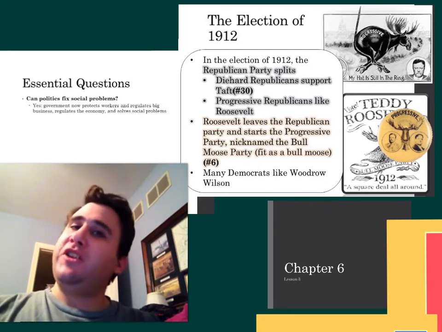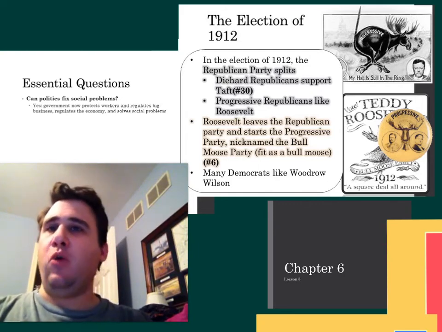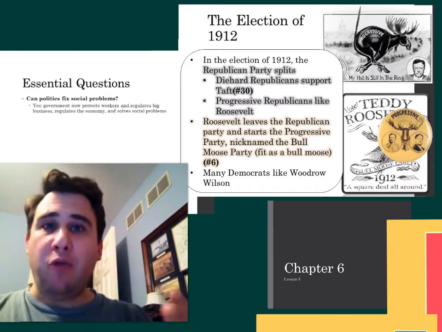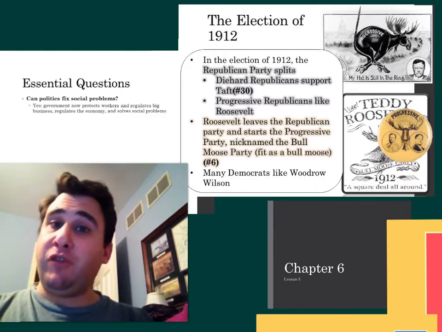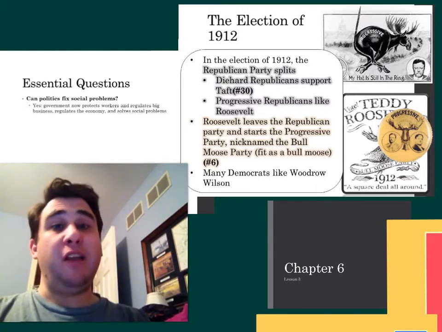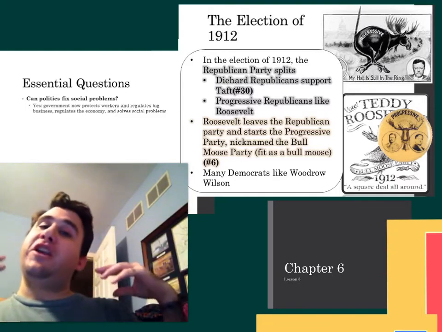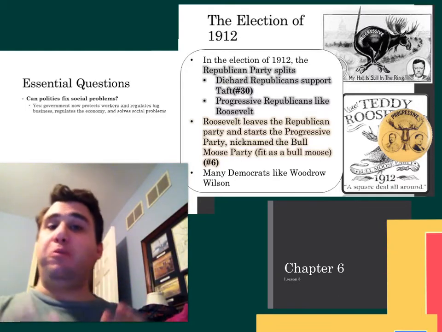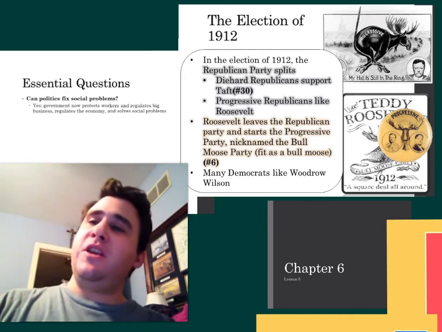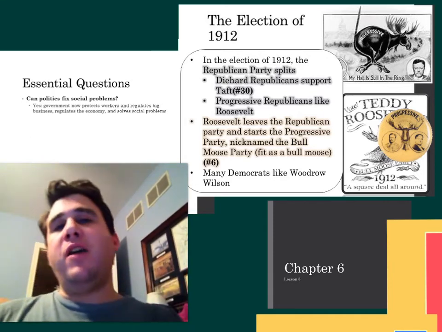So in this last section, there'll be a three-way runoff between Taft, the Republican; Teddy Roosevelt, who's going to come back and say, I want to be president again, creating his own party called the Progressive Party or the Bull Moose Party; and Woodrow Wilson, who wants to be the Democrat.